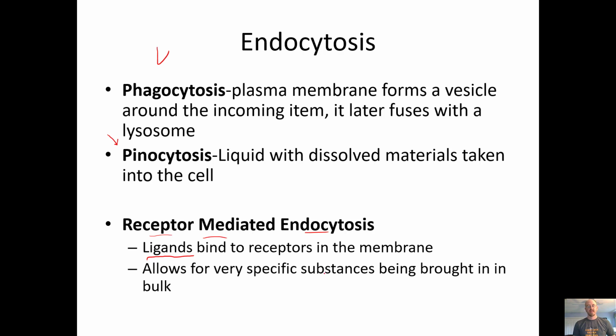But receptor-mediated endocytosis means there are receptors in the cell membrane. So like this, here's some of these receptors, right? And maybe this is the ligand that binds to it, and the cell wants whatever this is. And so this is a very specific kind of endocytosis triggered by this very specific molecule when it binds to those receptors.